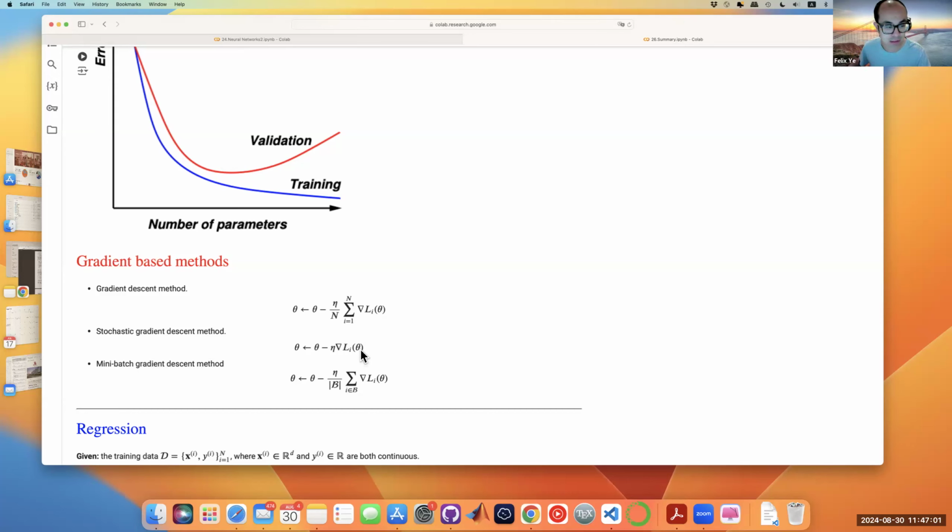For mini-batch, we partition our data set into a bunch of batches, where each batch is called B, and the size of B is bigger than 1 but smaller than the total number of data points n. So you calculate the gradient on this batch B, then you update theta accordingly.